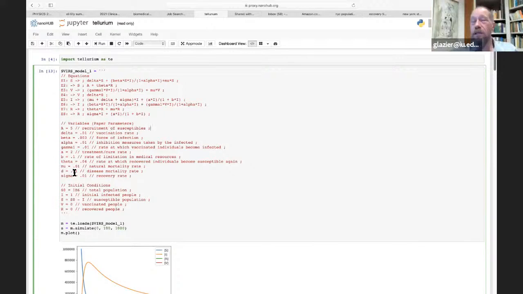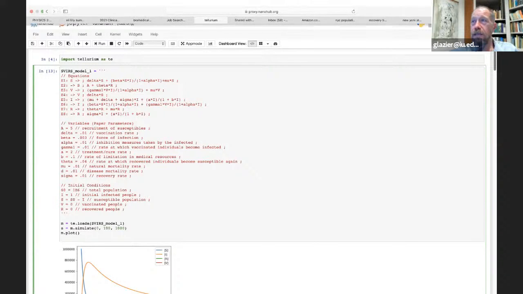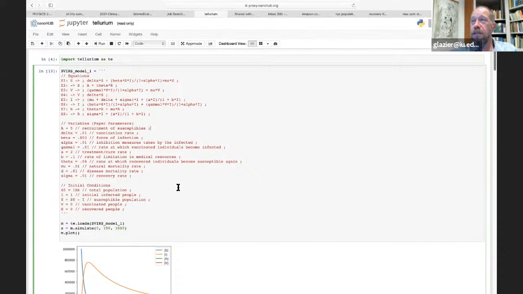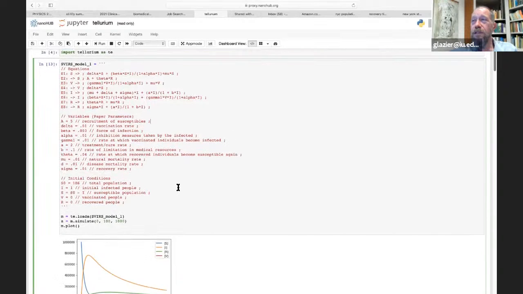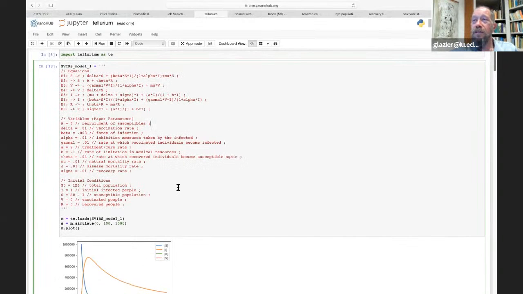And these are in time units of years here, right? Is it in years? Looks like it. Okay, I'd have to check on that. If the natural mortality rate is 0.01, then you'd expect that the units would be years because your life expectancy is on the order of 100 years.